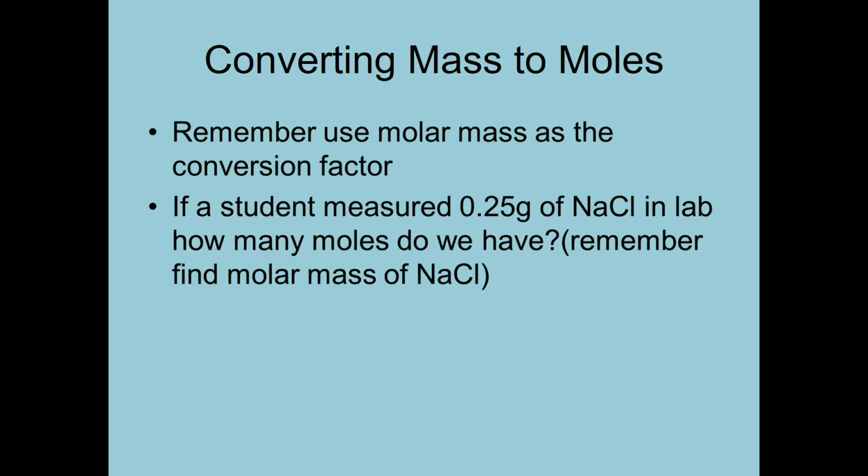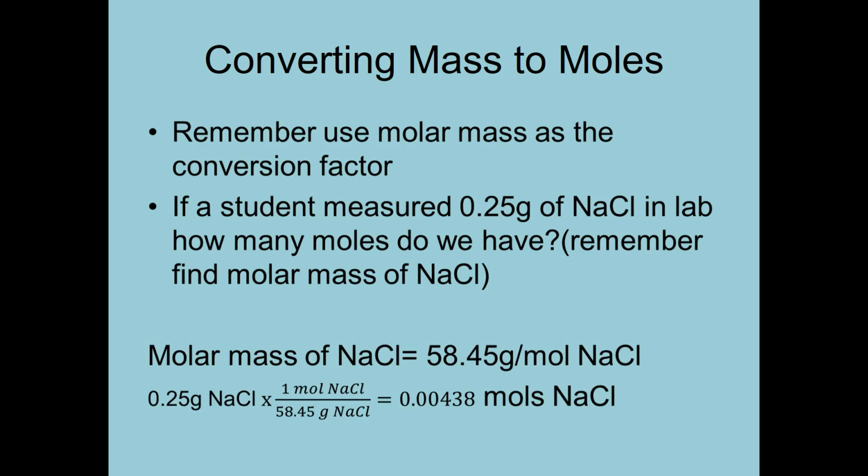So let's try another one. If a student measured 0.25 grams of sodium chloride in lab, how many moles do we have? All right. Either using our number from before or recalculating it, molar mass of sodium chloride is 58.45 grams per mole. Once again, we're going to start our dimensional analysis with our number given to us in the problem, 0.25 grams.